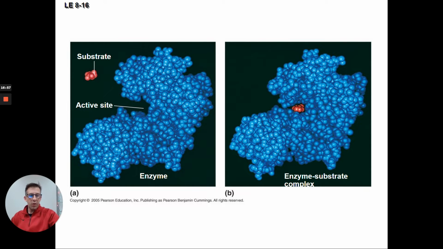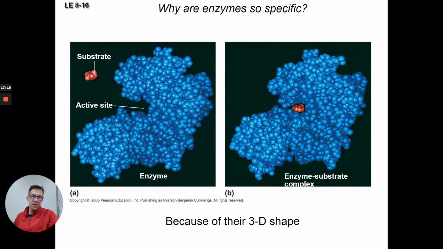Now, one of the questions that I think is important to understanding the enzyme is, why are enzymes so specific? Okay, why are enzymes so specific? And the answer to this is because of their three-dimensional shape. This specificity between the enzyme and the substrate is absolutely important.